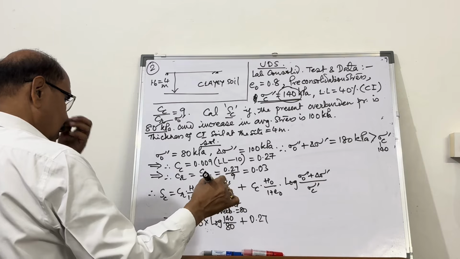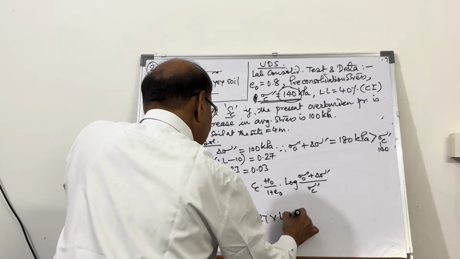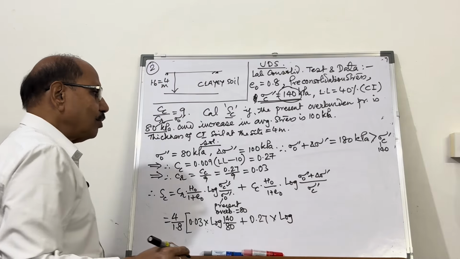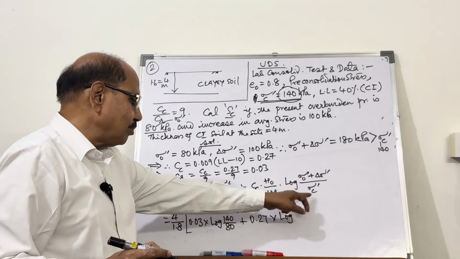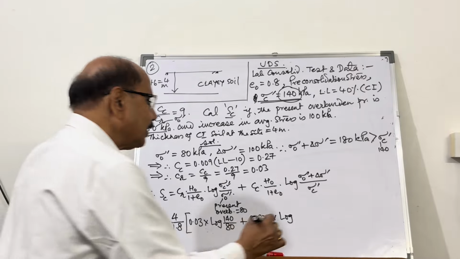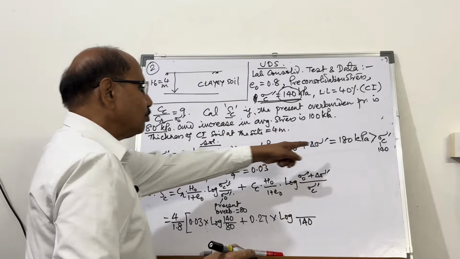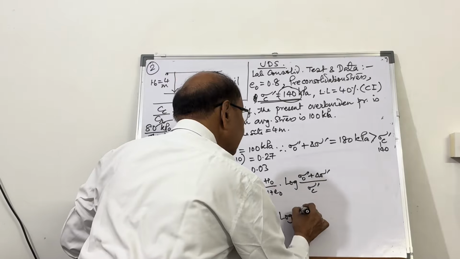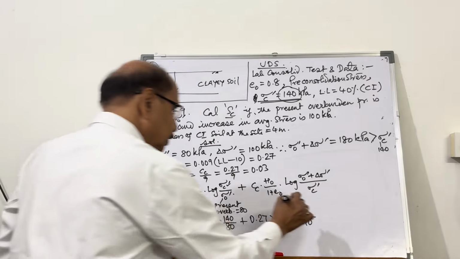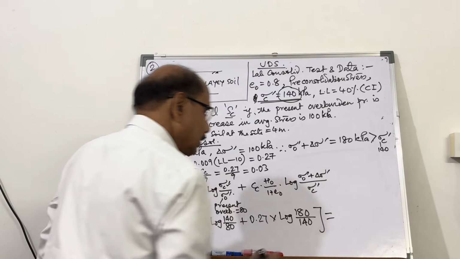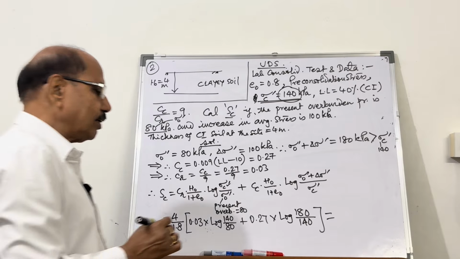So H naught upon this multiplied by log of, this is going to be from the pressure range, from sigma C prime, which is 140, up to the maximum pressure, 180, to the base 10. So if you simplify, you will get the value of SC, and this comes out to be 0.081 meter.